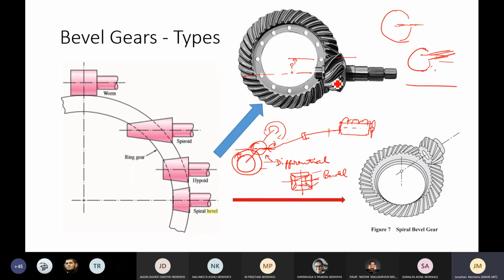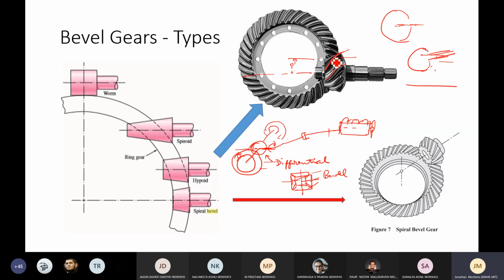Power transmission is slightly affected because of course their effect is there. Yes, it is a finite amount of difference. The reason being that since you are using a helical combination, the gears not only touch, they slide. Touch plus slide, so that is equal to more friction, more wear. But one more thing is that sudden engagement and disengagement of the gears is avoided.